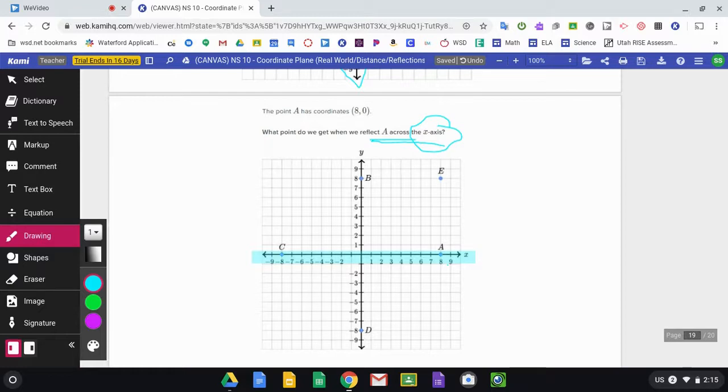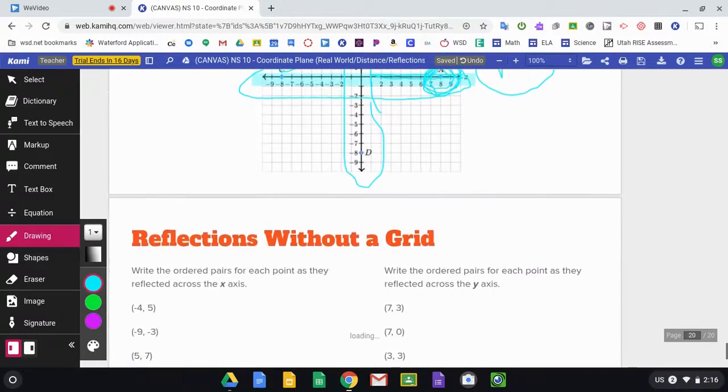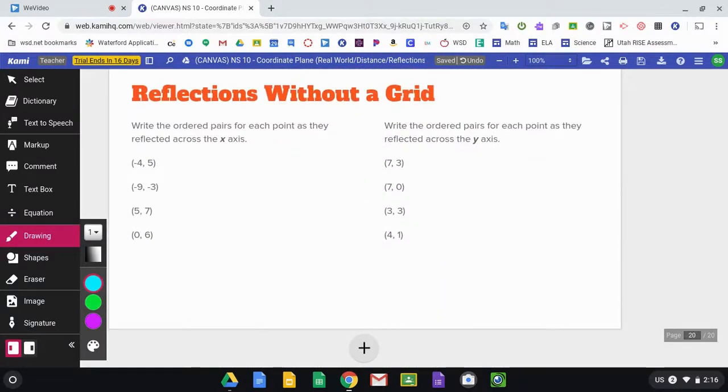If I'm on the x-axis and I go across the x-axis, I stay at my spot. So I would be the same. Picture folding this line in half right here. Where is A going to show up? It's going to stay there, right? Now, if I folded it along this one, that's when it would become C because I would fold it across there. But I folded it across this one and it just stays the same. Weird.